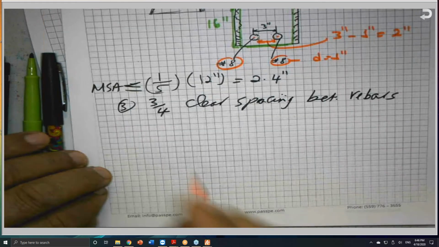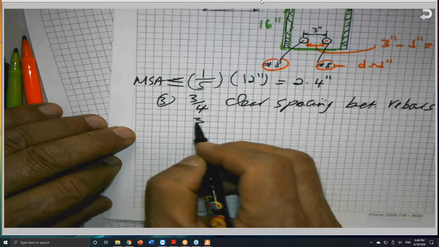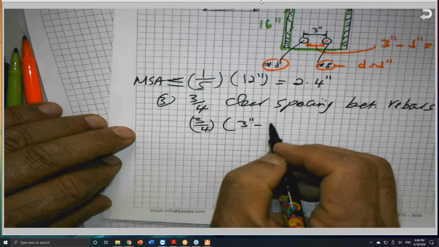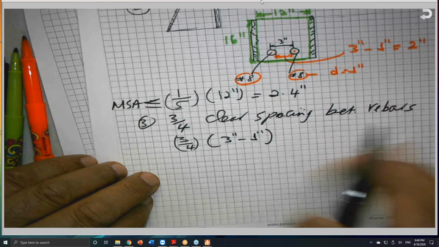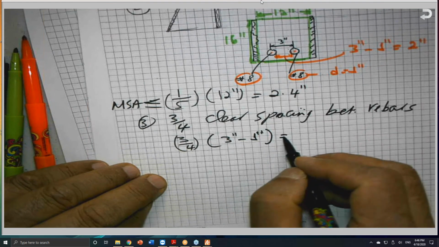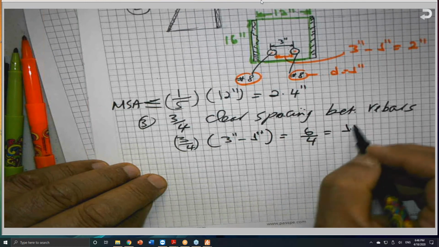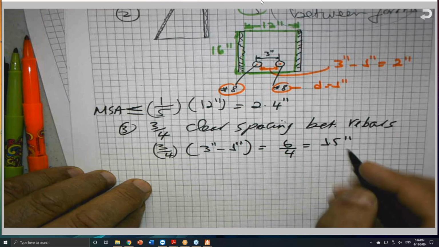If I apply the 3/4, it is 3/4 of 2 inches, which gives 6/4, or 1.5 inches. Obviously this will control the design.